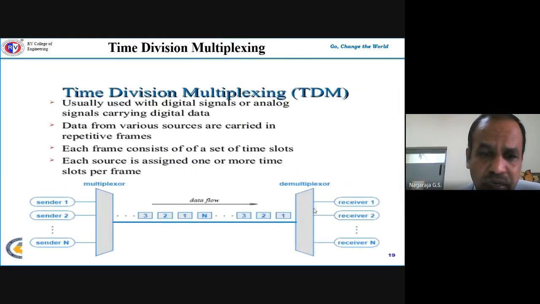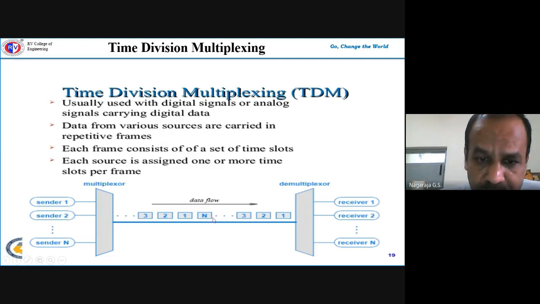So what I'm trying to reiterate is how time division multiplexing is different from frequency division multiplexing. In order to understand it better, this pictorial representation indicates that your digital data from various sources is carried in repetitive frames.